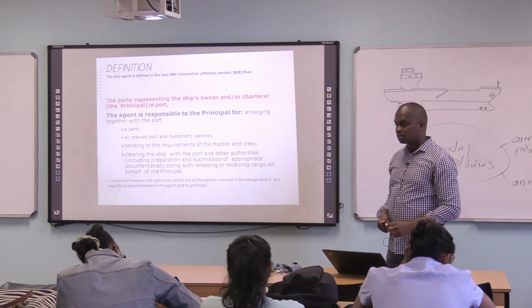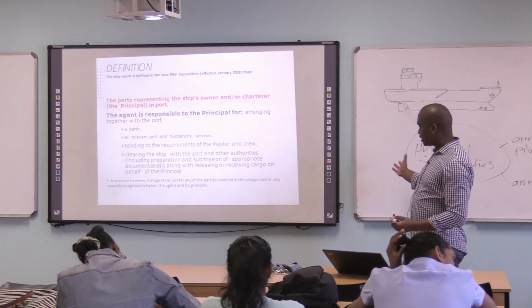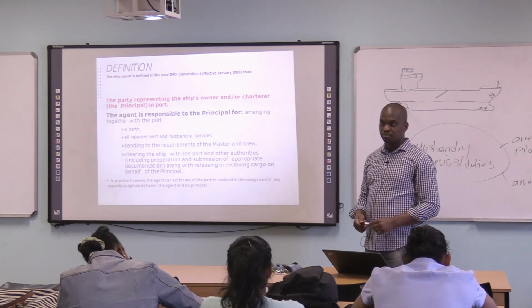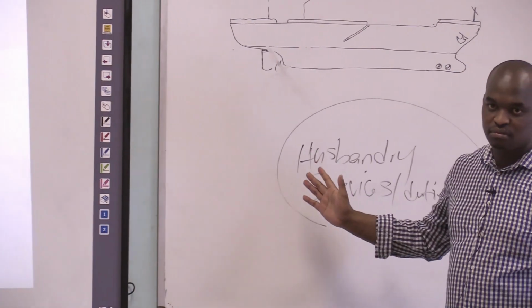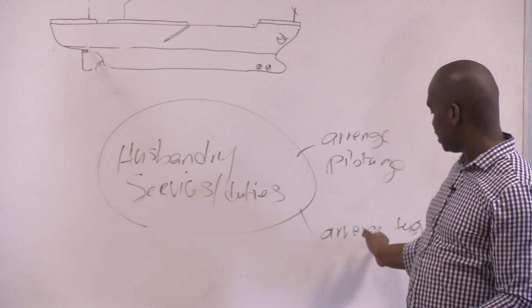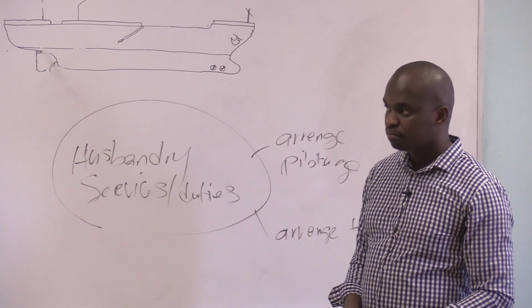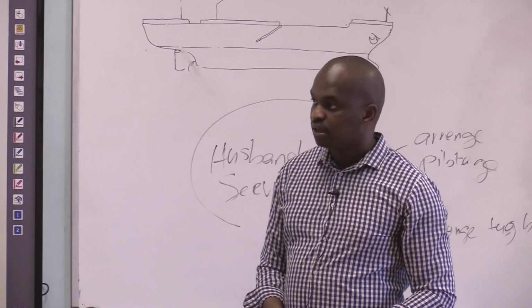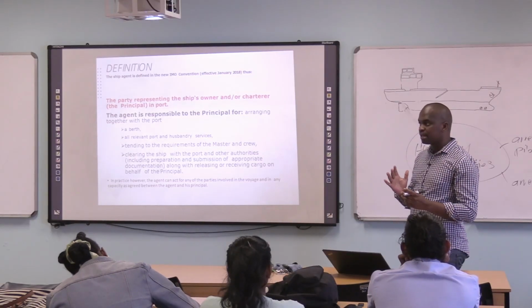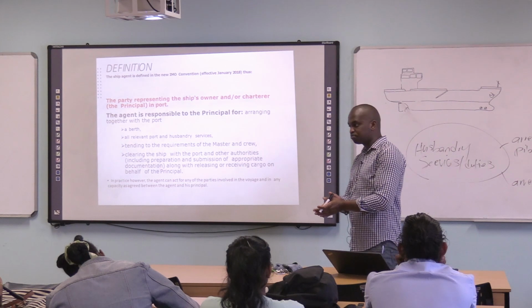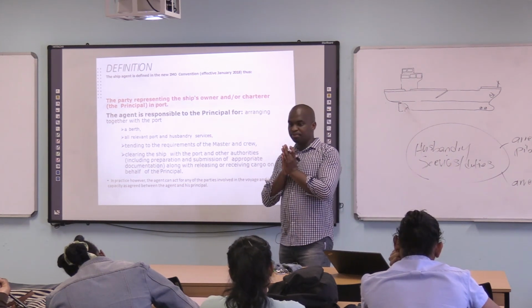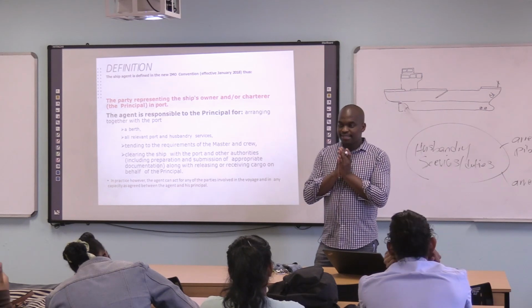Oh, yes. Okay. So what other services would agents have to arrange for ships? We have already spoken about the pilotage and the tugs. What else? So for each and every vessel that comes into ports, that vessel has to be cleared in.